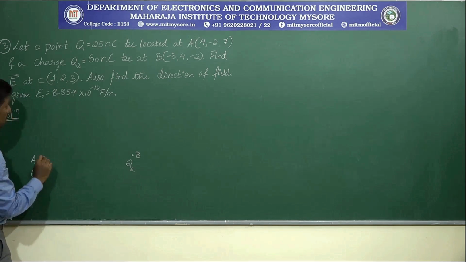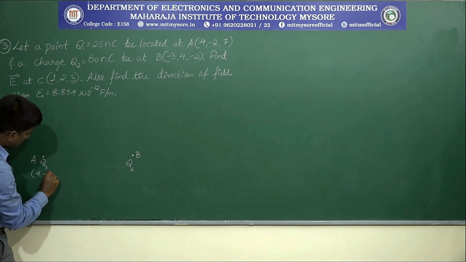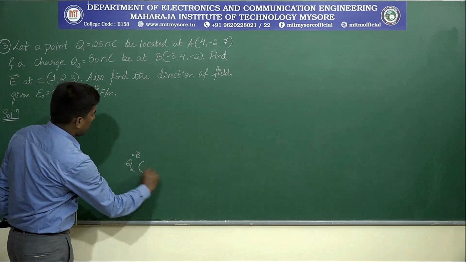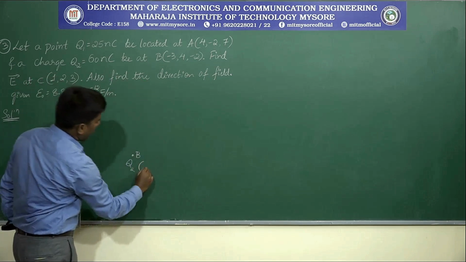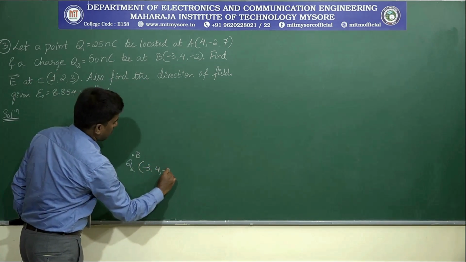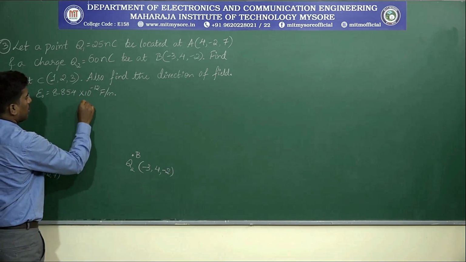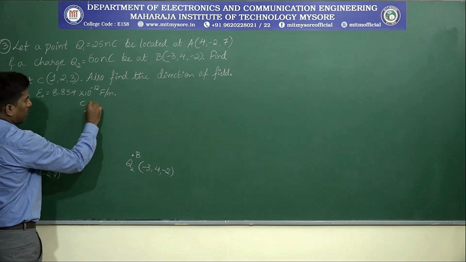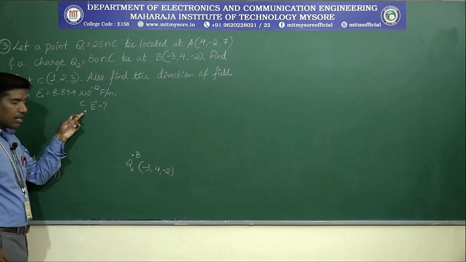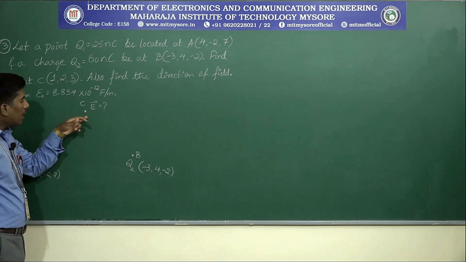So Q1 is at location 4, -2 and 7. Q2 is located at -3, 4 and -2, and one more point, that is point C, where the electric field intensity is to be identified. So this is the third point where the electric field intensity is to be identified.